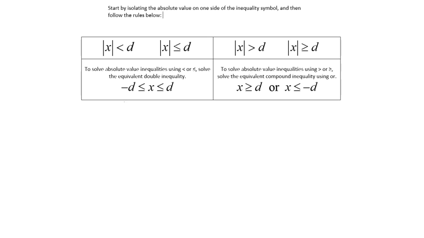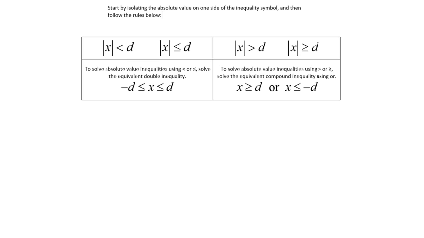This is the way we're going to solve. We're going to start by isolating the absolute value on one side of the inequality symbol, just like an equation. So solving an absolute value inequality problem is really similar to solving an absolute value equation. We're going to still start by isolating the absolute value on one side of the symbol. Then we're going to follow these rules below.